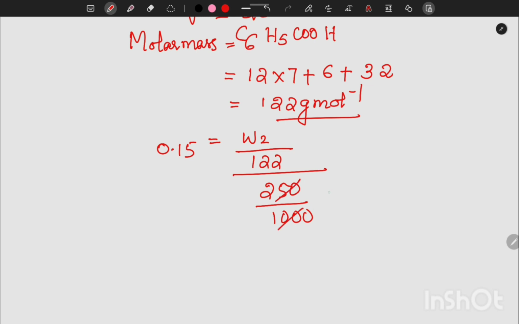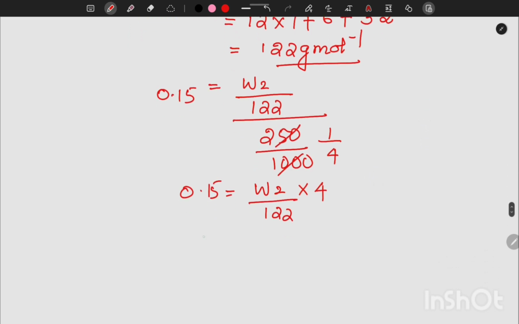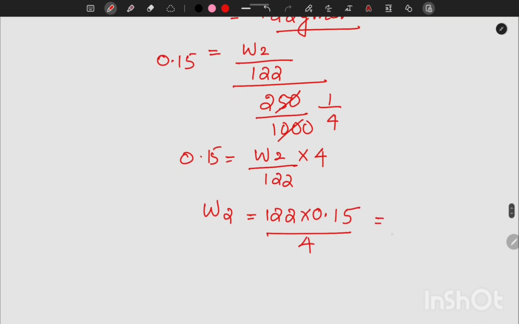So 250 by 1000 is equal to 1 by 4. W2 by 122 into 4 is equal to 0.15. Therefore W2 is equal to 122 into 0.15 divided by 4, that is equal to 4.575 gram.